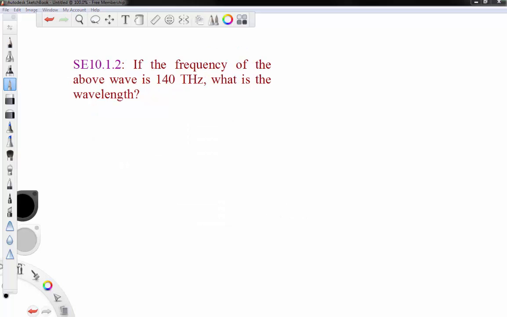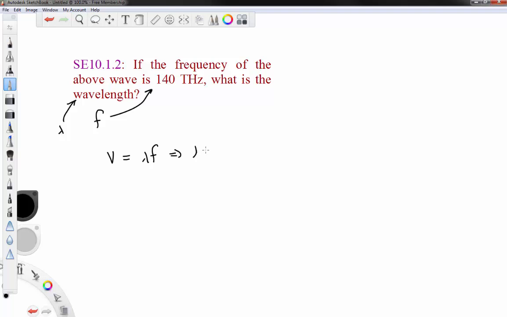Second, if the frequency of the above wave is 140 terahertz, by the way, frequency is given as f in this case, what is the wavelength? This would be lambda. Well, it's a wave, so as you know, the speed of a wave is lambda times f.